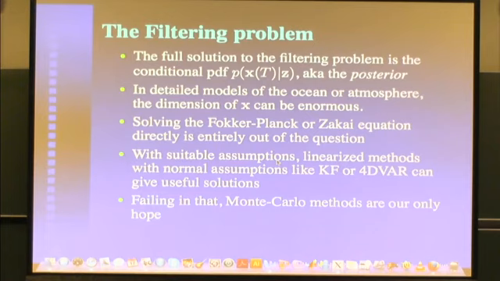It would have to be different thinking, and it would not be Monte Carlo based. It would be based on finding a good basis in which to represent the solution. And it's very hard to find such bases in the ocean and atmosphere. I myself have looked for them.